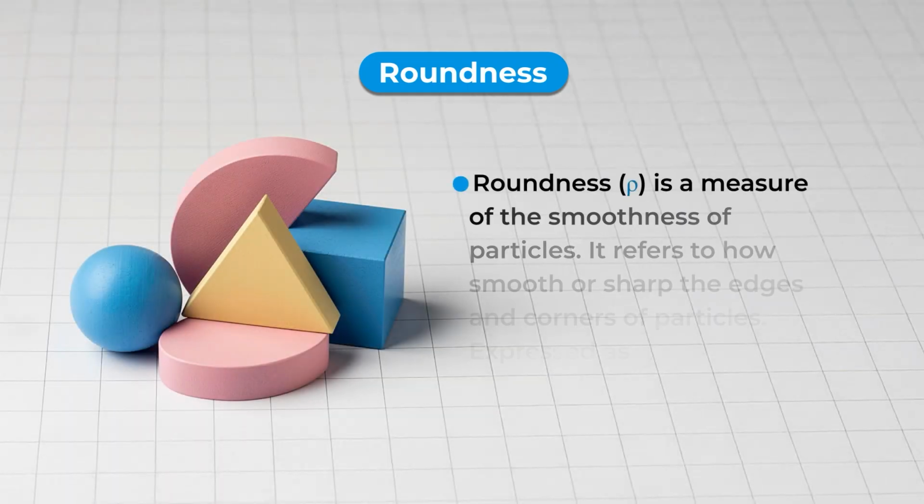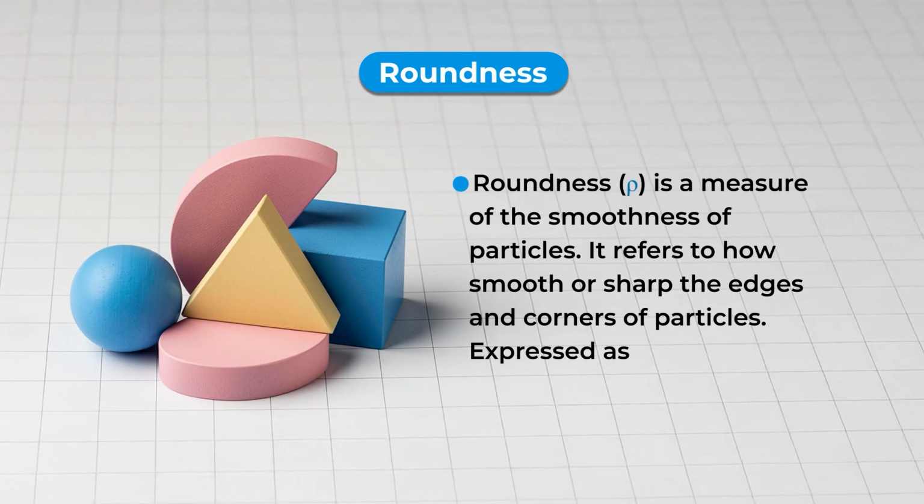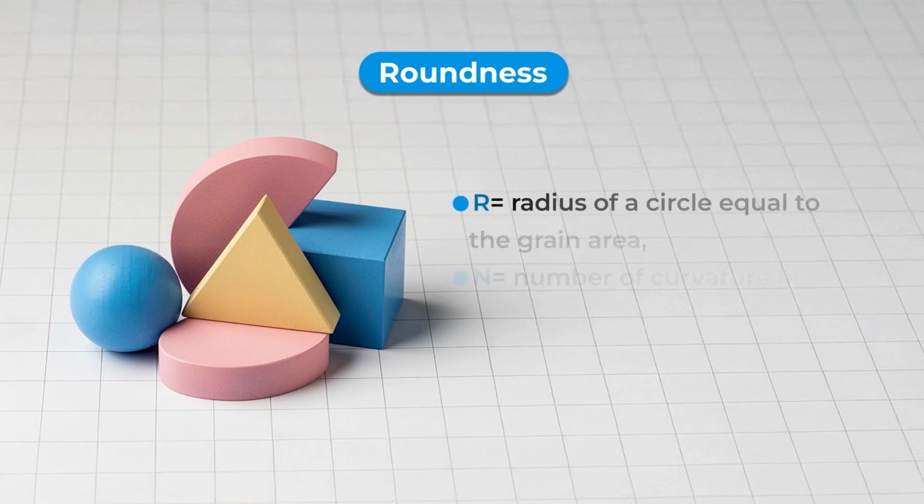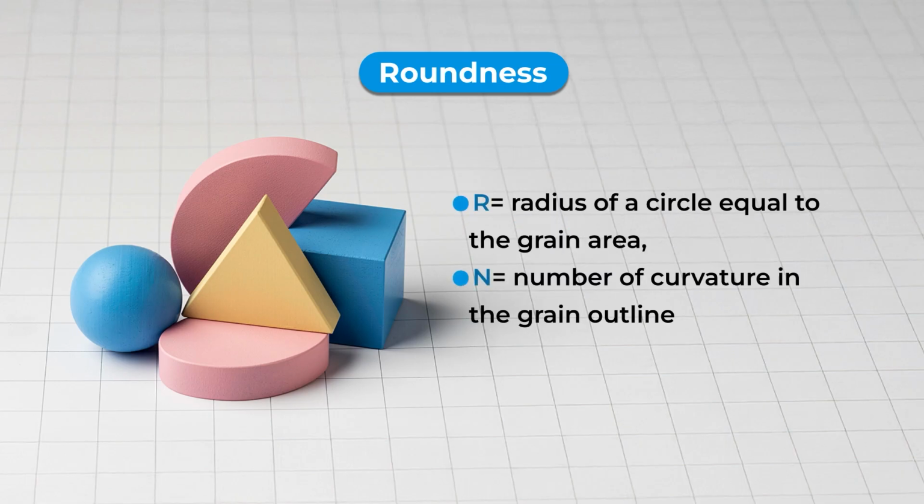Roundness is another characteristic, called rho, a measure of the smoothness of particles. It refers to how smooth or sharp the edges and corners of particles are. It is expressed as you can see, where rho is equal to the sum of the individual radii of the grain outline corners, divided by the radius of a circle equal to the grain size and the number of curvatures in the grain outline.